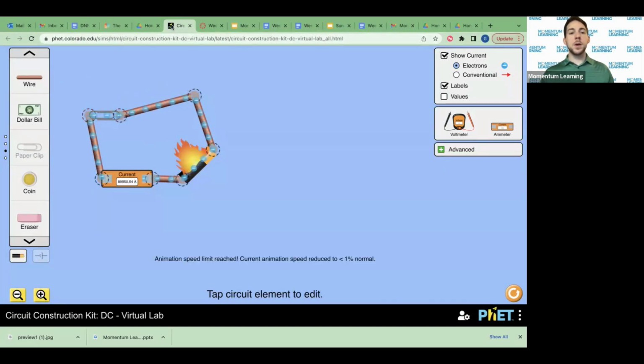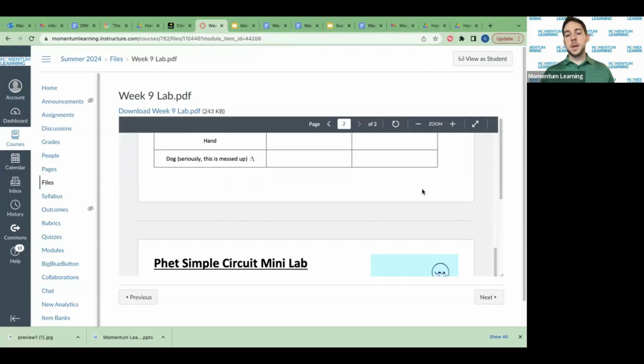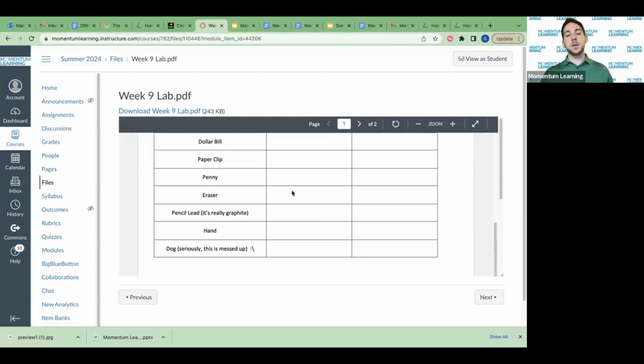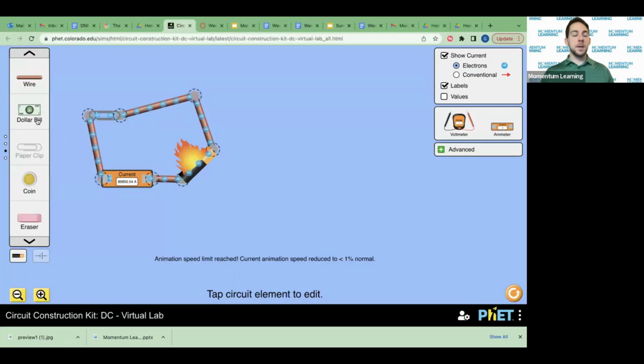What's cool about this one is you can basically build whatever kind of circuit you want, right? So I encourage students after they've followed the procedure and completed all parts of it to explore it on their own, right? Try to build their own circuit to test a variable.